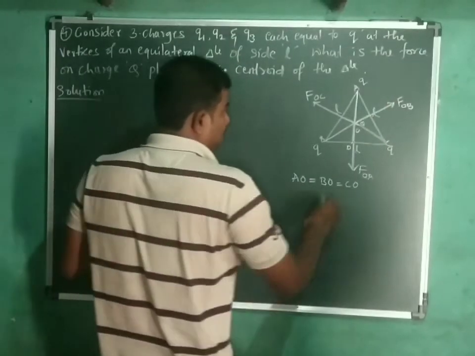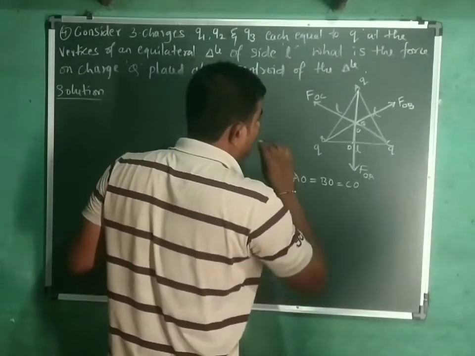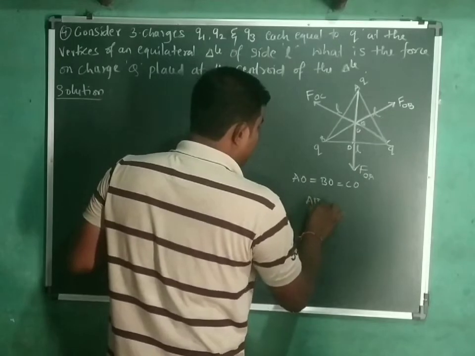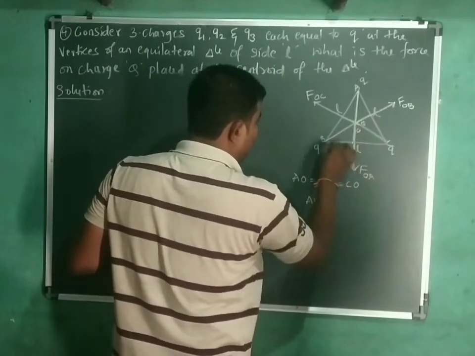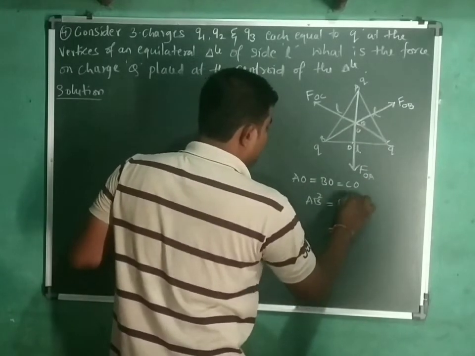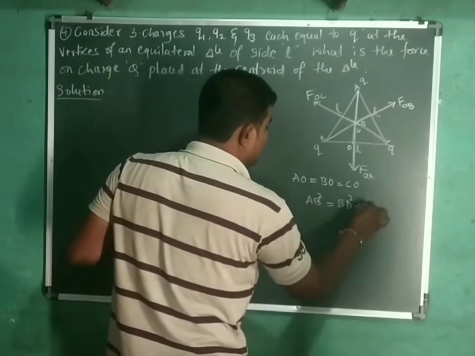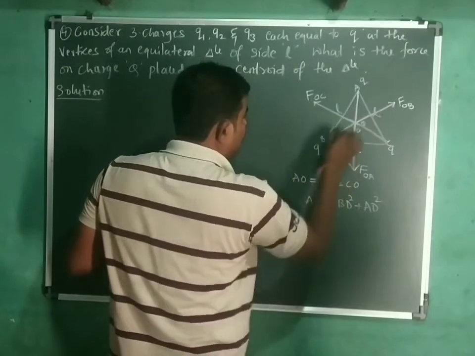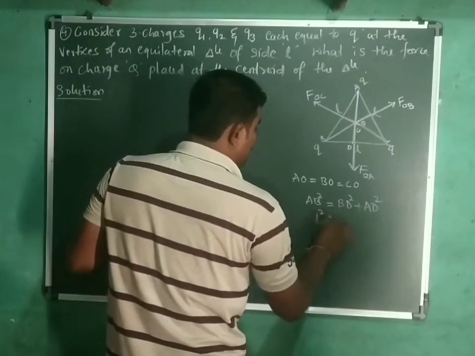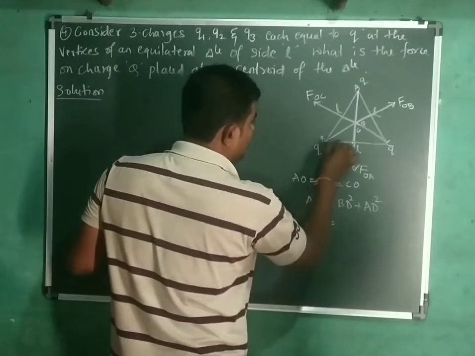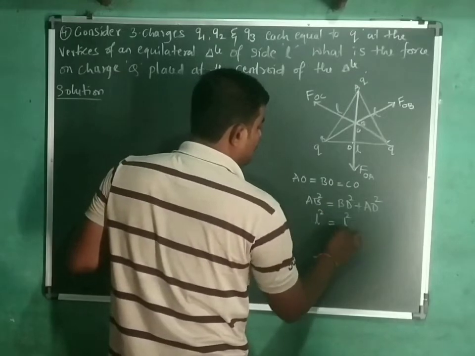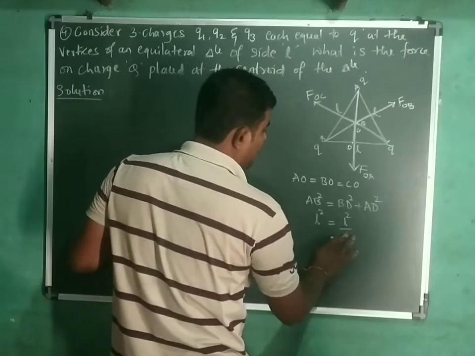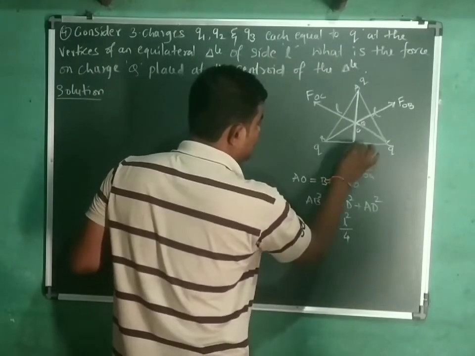According to Pythagoras principle, I can write AB square is equal to BD square plus AD square. We know AB square is L square. Therefore L square is equal to BD square plus AD square. BD is L by 2, therefore BD square is L square by 4, because this distance is L by 2.